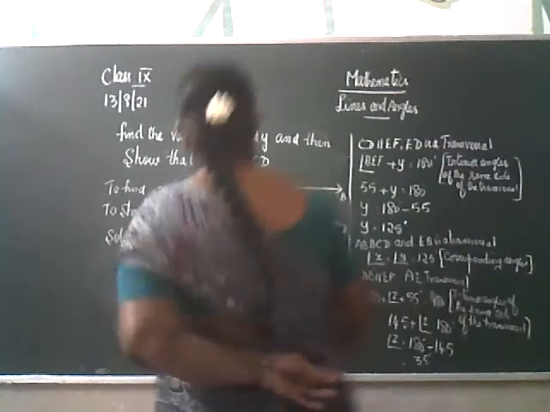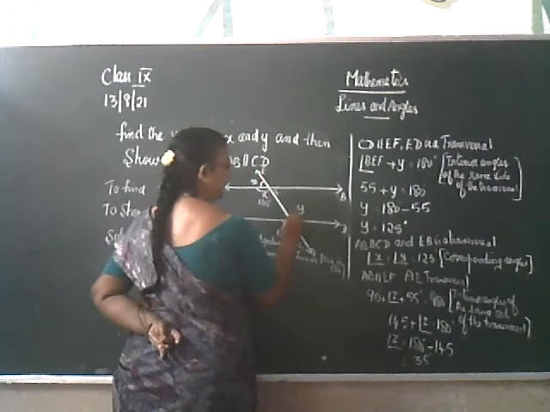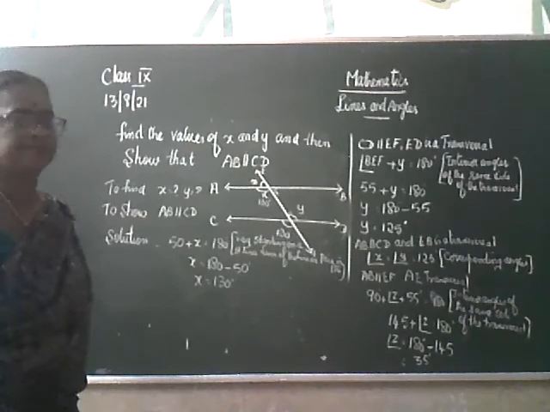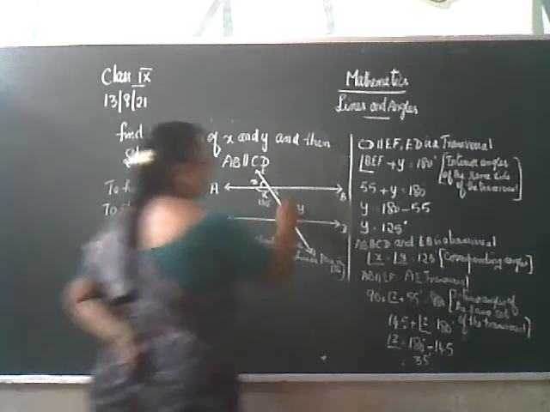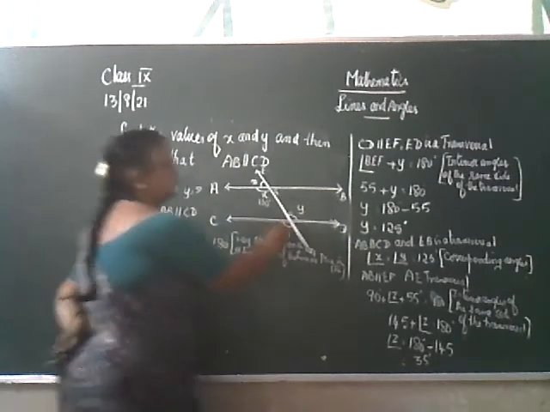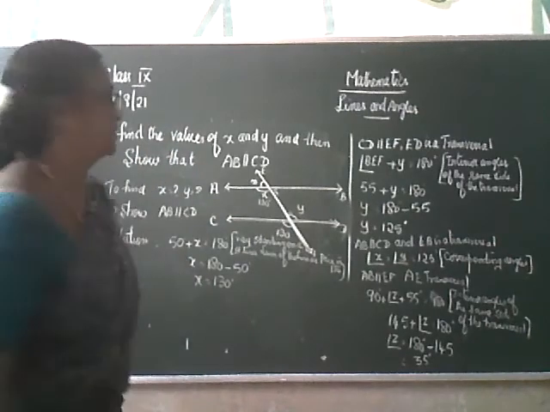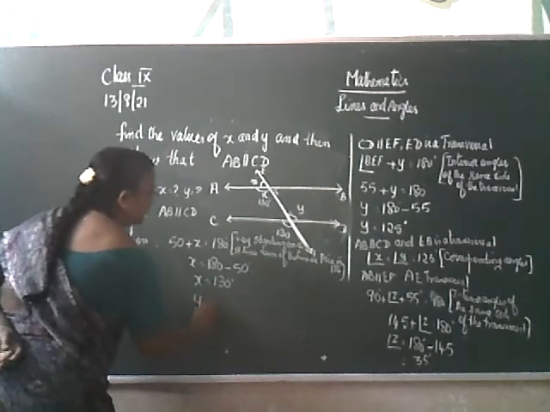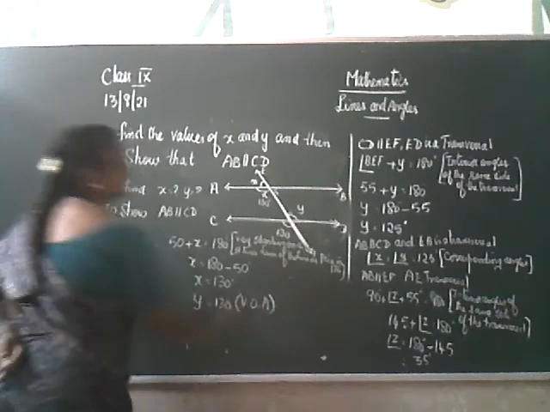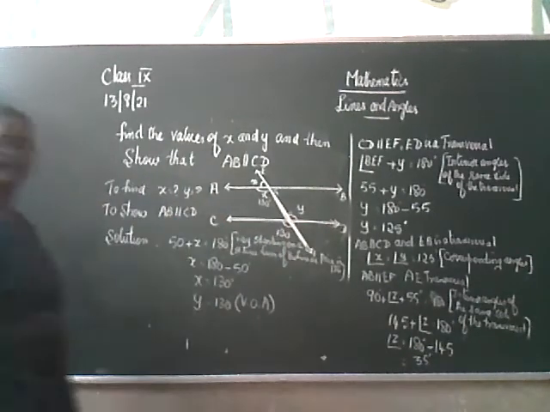Otherwise you can write straight away, no problem. Then, what are these two? When two lines intersect, these two are vertically opposite angles, isn't it? So I can write y is also equal to 130 degrees because they are vertically opposite angles.